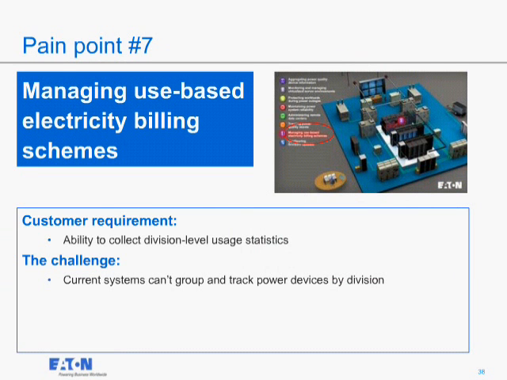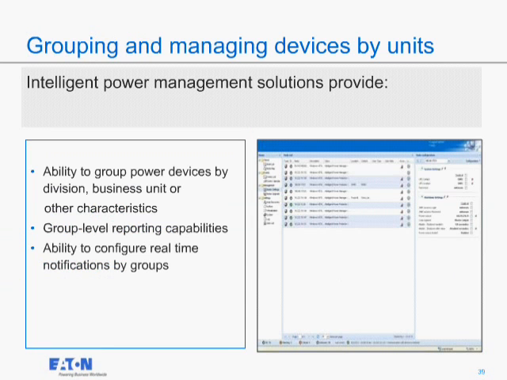And the real challenge is that current systems can't really group and track power devices by division or by location. That's what's coming out in today's generation of intelligent power management solutions: the ability to group all of those power devices, all that power consumption, by whatever organizational hierarchy you decide to put into play. Be it internal customer-based or external customer-based.